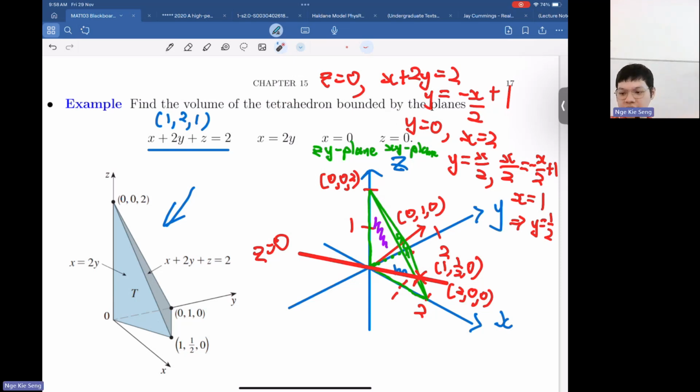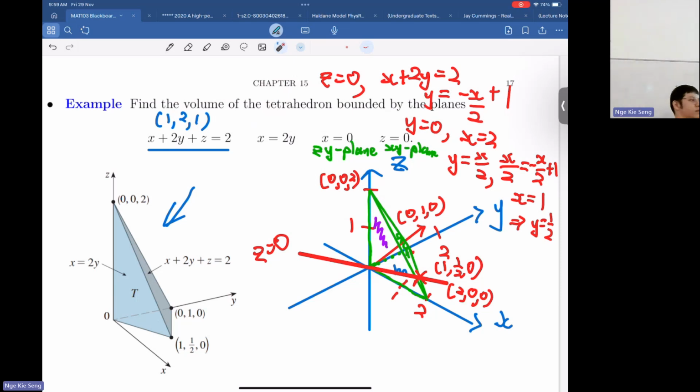Right. So if you want to find this volume bounded by this plane, how should you do it? To use our method just now, you need to decide your f and you need to decide your domain. So what f and domain do you need to decide here?